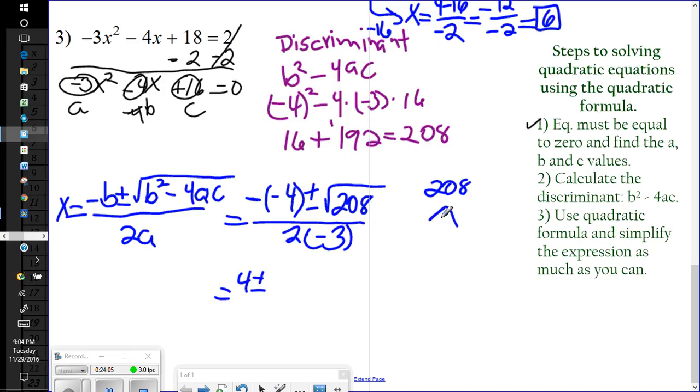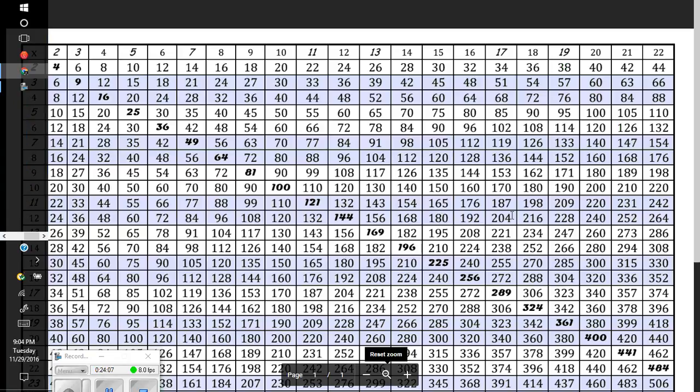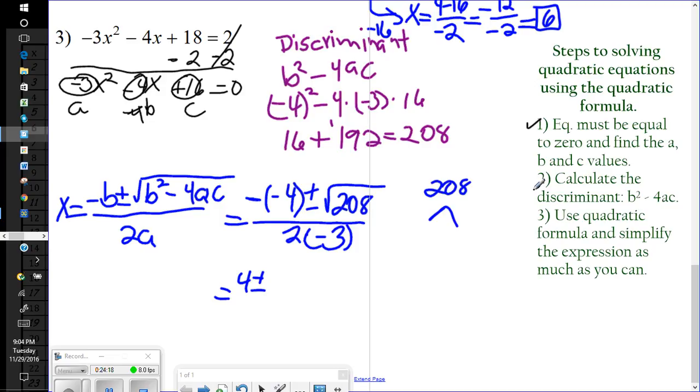Factor 208. The factors here will be 16 and 13.